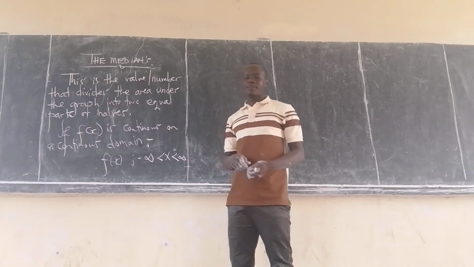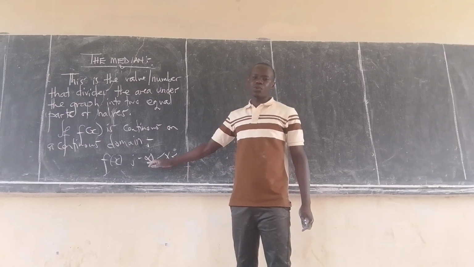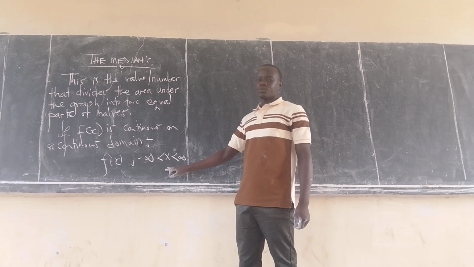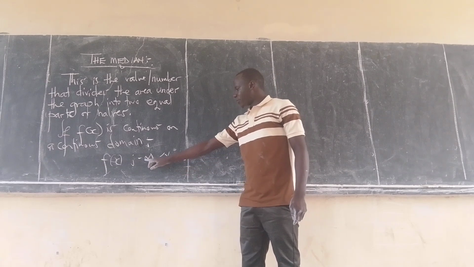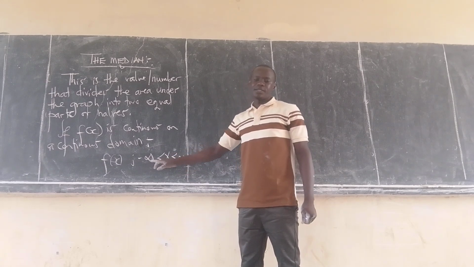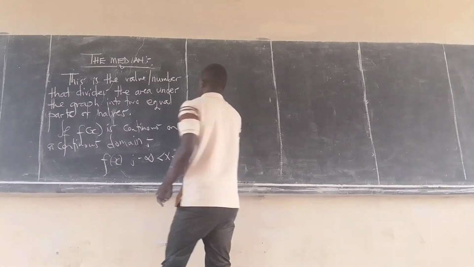Since the median must divide this interval into two equal parts, it is presumed to be in the middle of negative infinity and positive infinity.